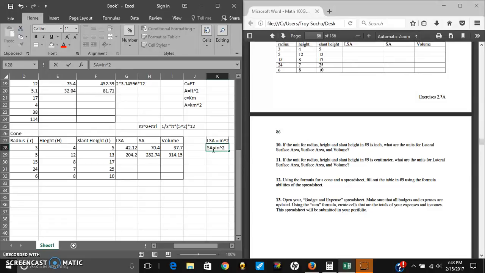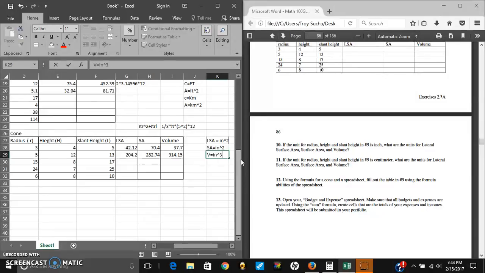And then if it's volume, now volume is different because we're using 3 different variables. We're using 2 r's and an h, because we're using r squared, and we're using an h as well. This one's addition, so we don't have to worry about that. That's why we only get inches squared. But with volume, we get inches cubed, because we're dealing with a 3-dimensional shape, and that's how you know.